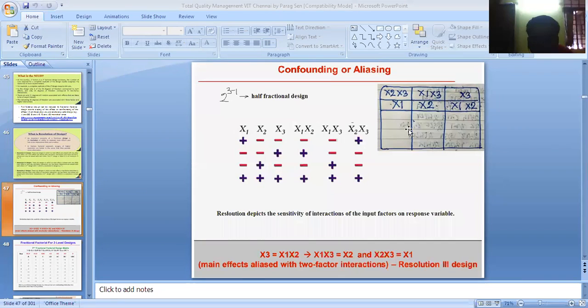So in case of full factorial design, we have seen that you consider all the possible combinations for all the parameters. But as the number of factors goes up, or the levels of factors go up, the number of runs also increases.